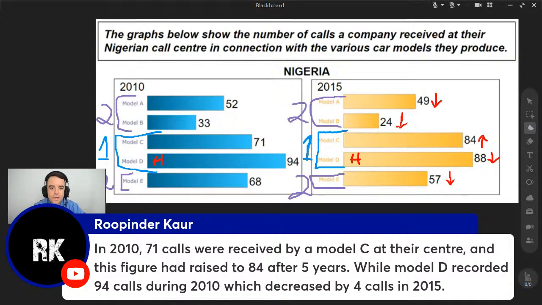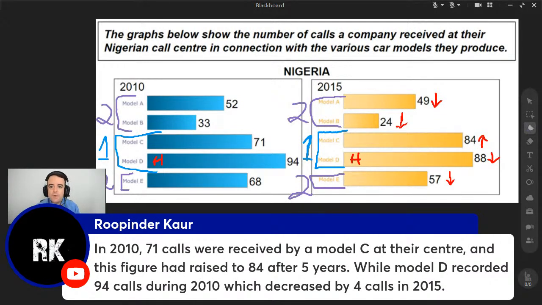And when you're using while, it needs to be the same sentence, just a new clause. So comma, while Model D recorded 94. No, so you're using the wrong verb here. Again, Model D accounted for 94 calls during 2010, but decreased by 4 calls in 2015.